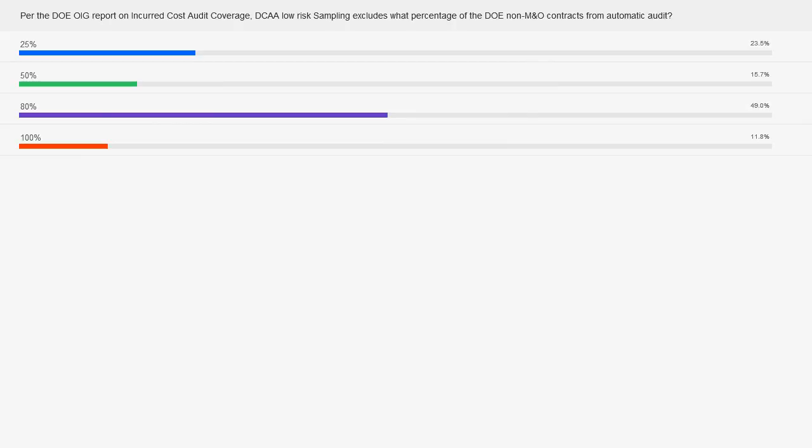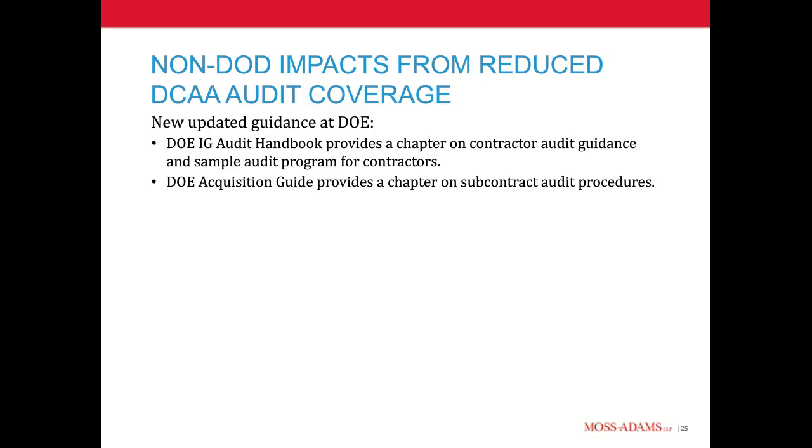So it looks like most everybody got the 80% we were looking for. We'll move on. So what did DOE do? In their IG Audit Handbook, they created a chapter on contractor audit guidance and also included a sample audit program for contractors.